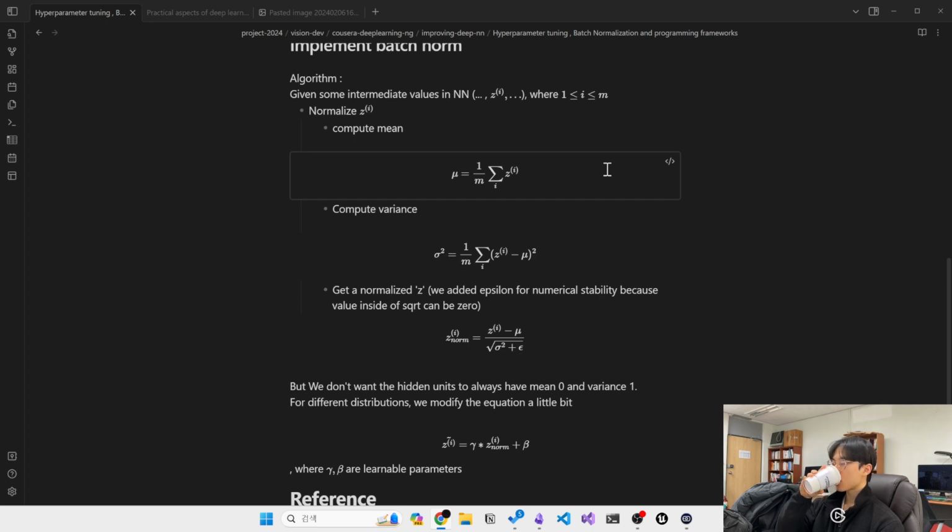Now, notice that the effect of gamma and beta is that it allows you to set the mean of z tilde to be whatever you want it to be.